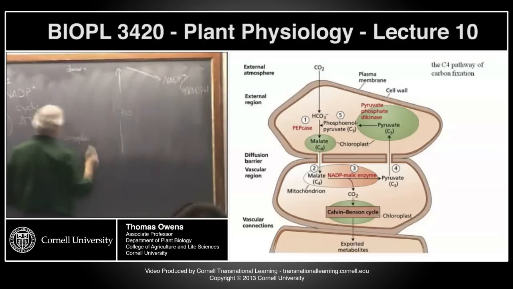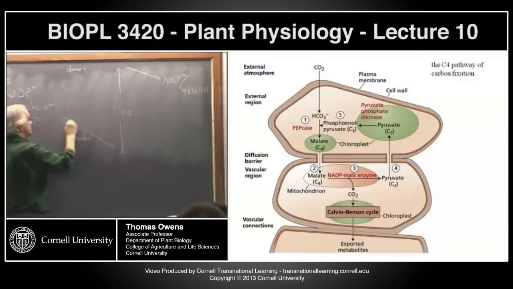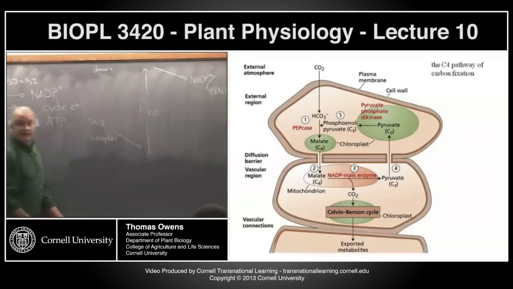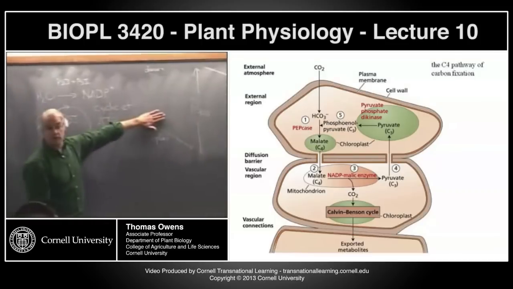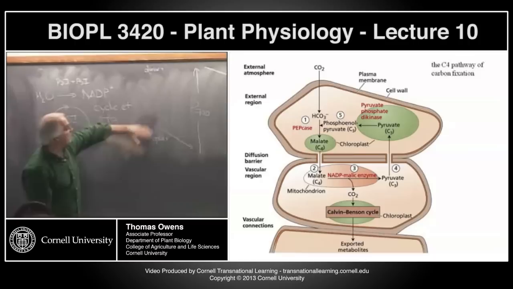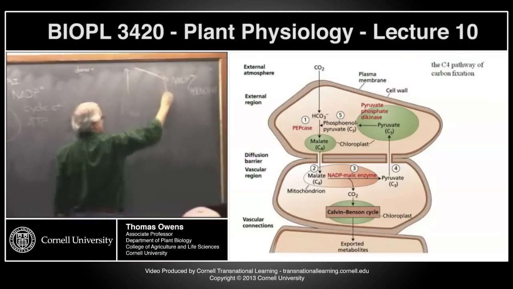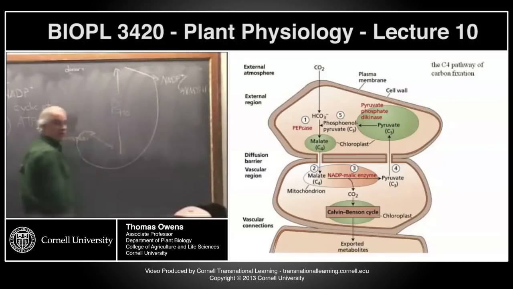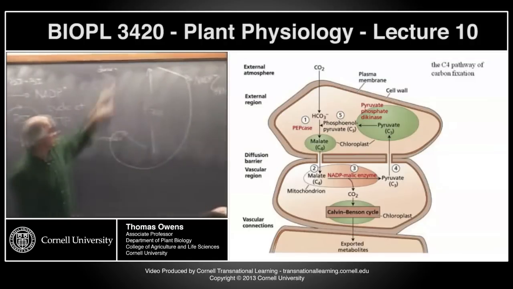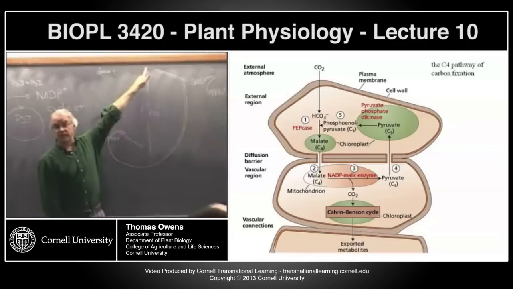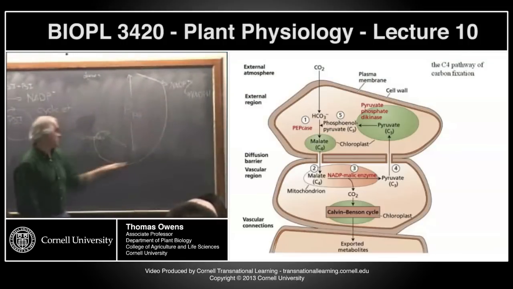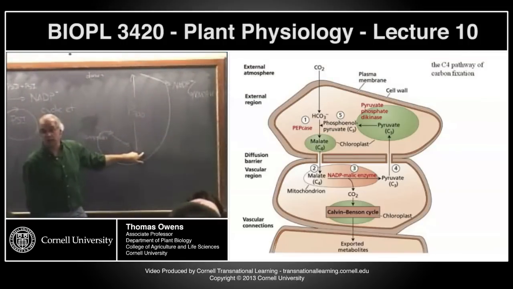Normally, the electrons coming in here come from photosystem 2. In the bundle sheath cells, there's no photosystem 2. So the electrons that come out of photosystem 1 basically cycle back around. Photosystem 1 gives up an electron, it travels through a bunch of carriers and comes back to photosystem 1.